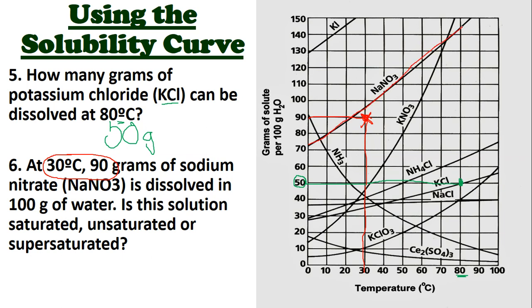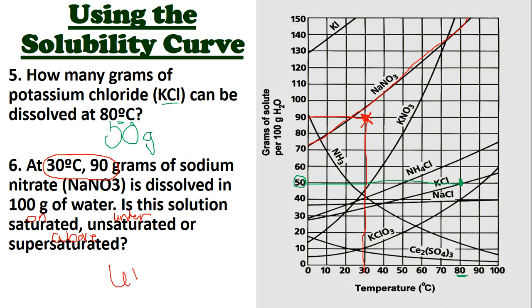We also need to look for our line, NaNO3, which is right here. Now here's how it works. Saturated is on the line, unsaturated is under the line, and supersaturated is above the line. And this is when you're looking from bottom up. So if we look at our point here compared to the NaNO3 line, our point is below the line, or under the line.